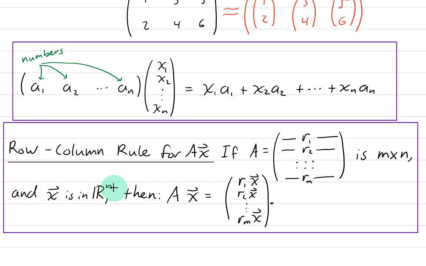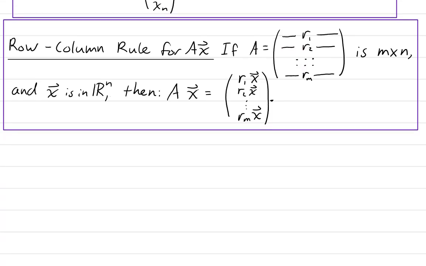And if x is in R^n, so this is all well defined and x has the same number of entries as A has columns, then I claim that this formula gives you the same result for A times x as the original definition. To compute this, each one of these entries in the new vector is just going to be a single number, because what we're doing is multiplying a single row matrix by a vector.